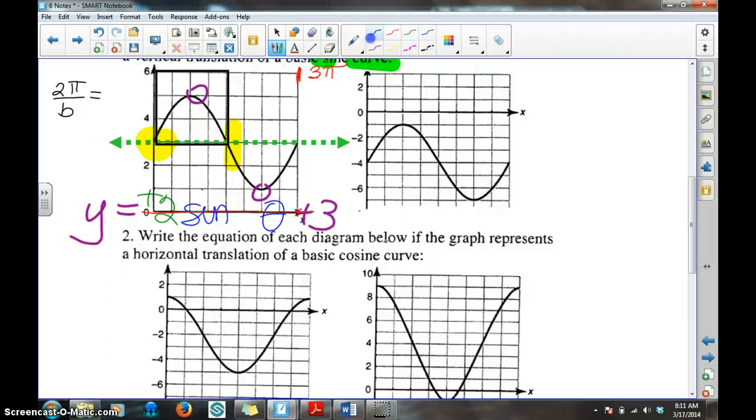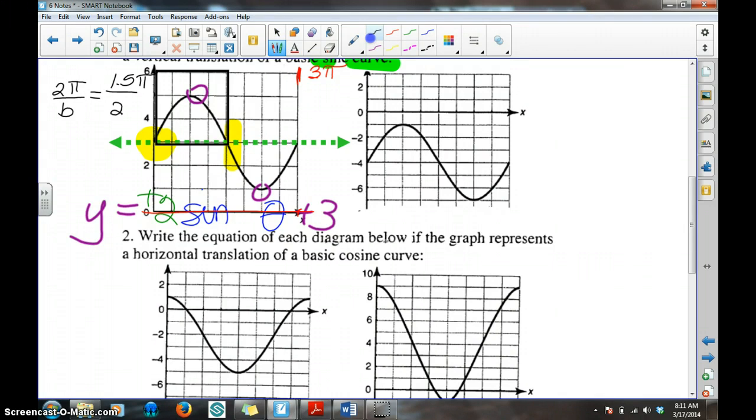Out of an entire sine graph, what fraction have I boxed off? Half. I box off half, or 2 of the 4 sections that I need to see. So I can say now, I see, sorry, that goes on the bottom. I see 2 sections in a space of 1.5 pi.